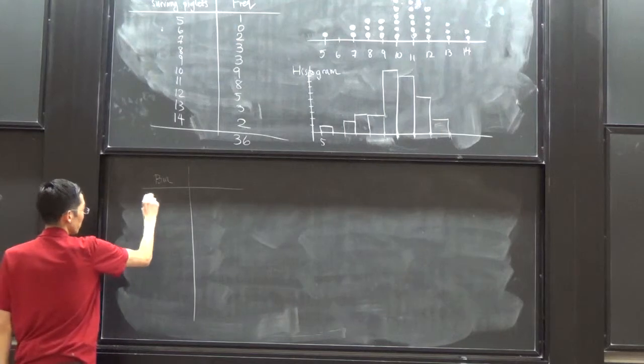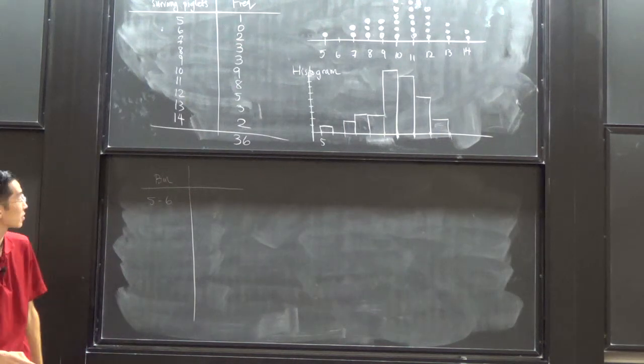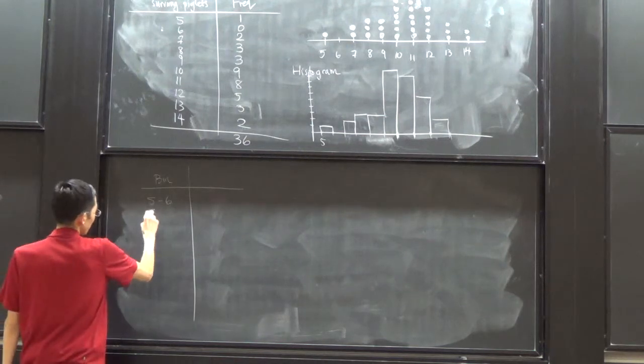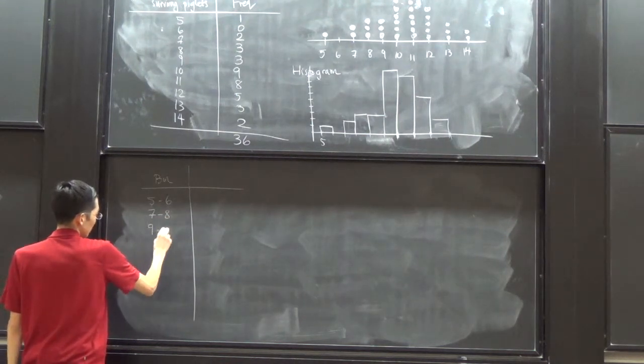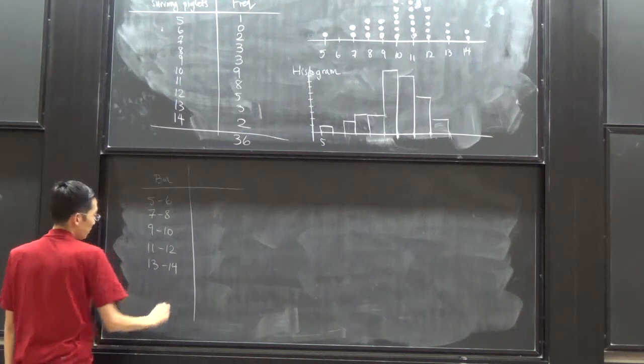So my first bin would be including sows that had 5 or 6 surviving, and then the second bin would be 7 or 8, 9 or 10, 11 or 12, 13 or 14.